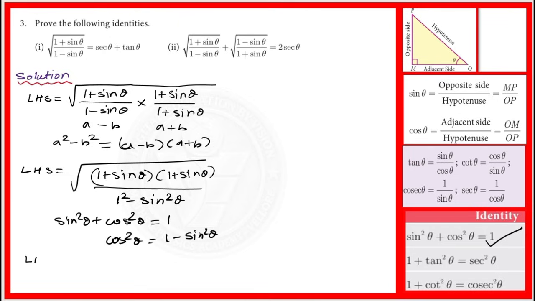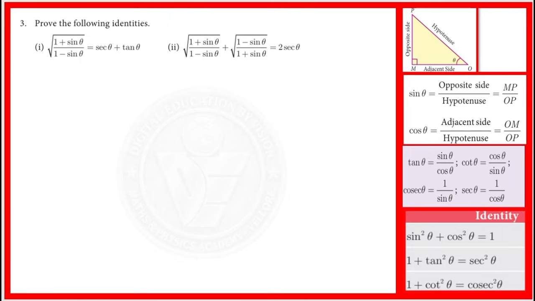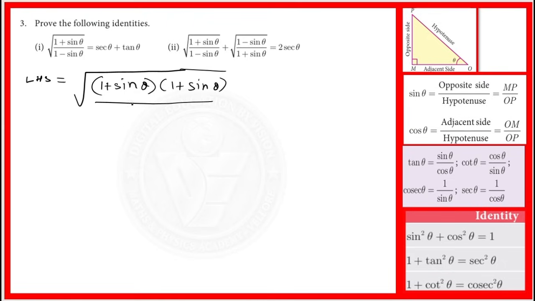So take LHS again, root of (1 plus sin theta) into (1 plus sin theta) divided by cos squared theta.